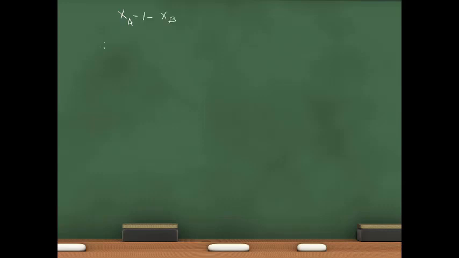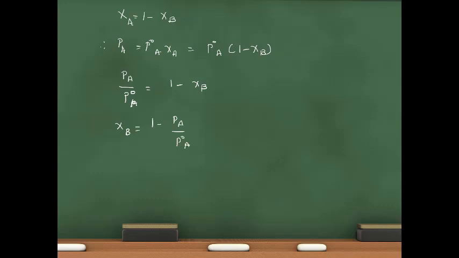Therefore, Pa, which is equal to P naught A Xa, can be written as P naught A into 1 minus Xb, or Pa by P naught A is equal to 1 minus Xb, or Xb is equal to 1 minus Pa by P naught A, or we can write Xb is equal to P naught A minus Pa divided by P naught A.